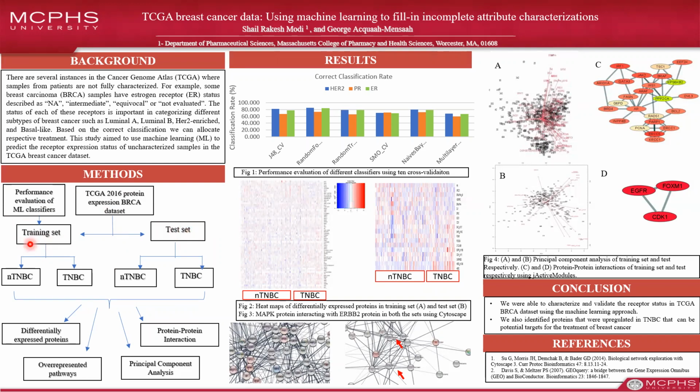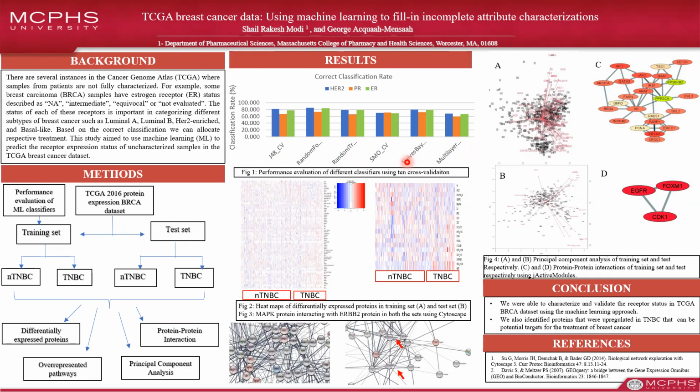Firstly, we used the training set to evaluate the performance of 6 different classifiers, which were J48, random forest, random tree, SMO, naive Bayes, and multilayer perceptron. Since the number of receptor positive and receptor negative samples were unequal, to balance the sample size we used the median supplement method.